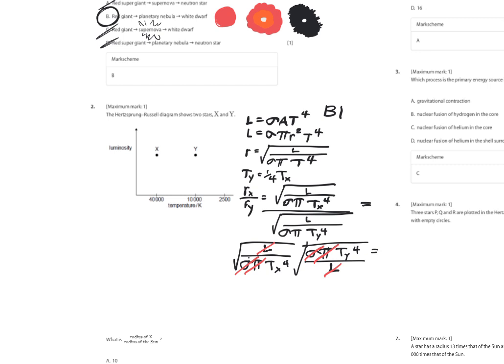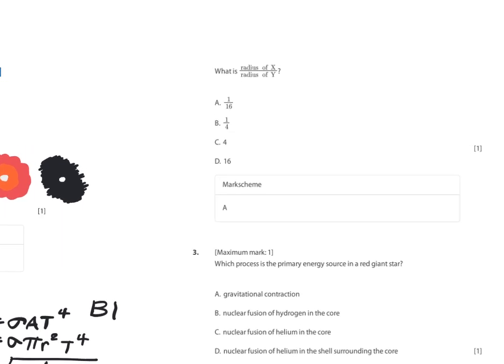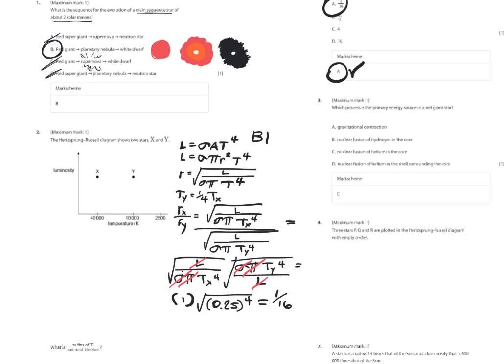And so all of the constants you can cancel out. And we know that y has 1 quarter the temperature that x does. After all that, the ratio is 1 over 16, which is choice A, and it agrees with the mark scheme. A lot going on there.